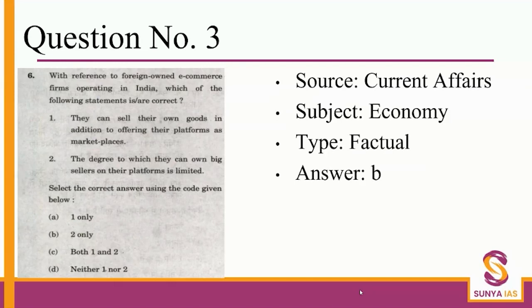And the second one: the degree to which they can own big sellers on their platforms is limited, right? You have to select the correct answer using the codes given below. This was in the news for quite some time during the year, right? So this is a current affairs related question, and what you have to do is keep an eye out.